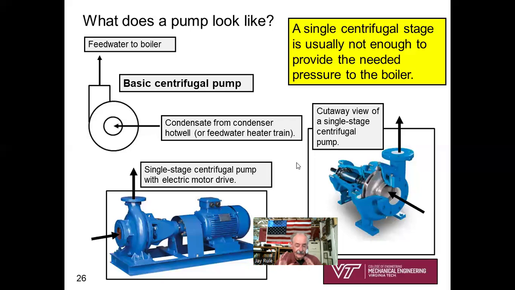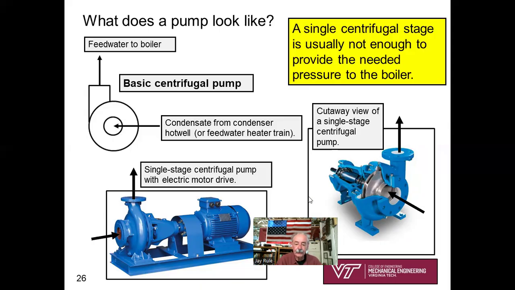It does turn out that for power plants, you're operating at such a high pressure, your boiler runs at such a high pressure in order to deliver high pressure superheated vapor to the turbine. One rotor is not enough to increase the pressure of the feed water enough.